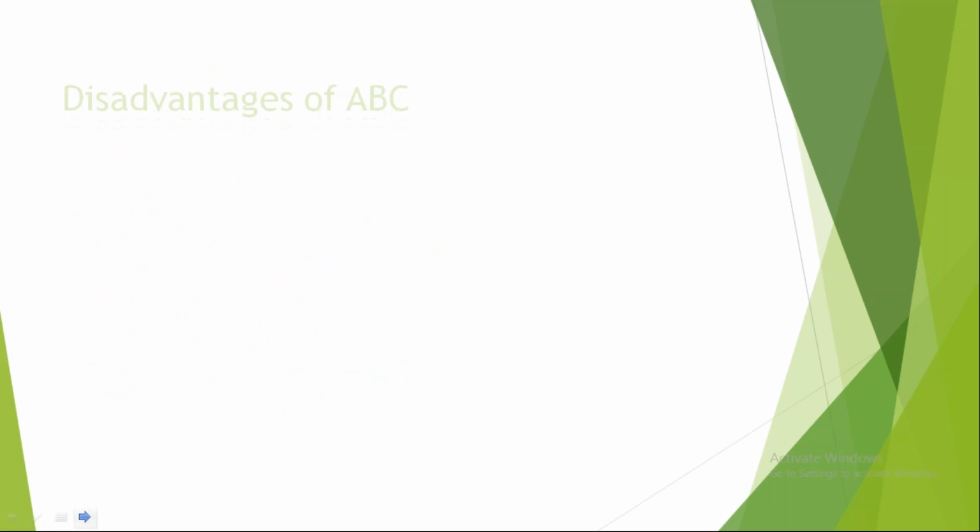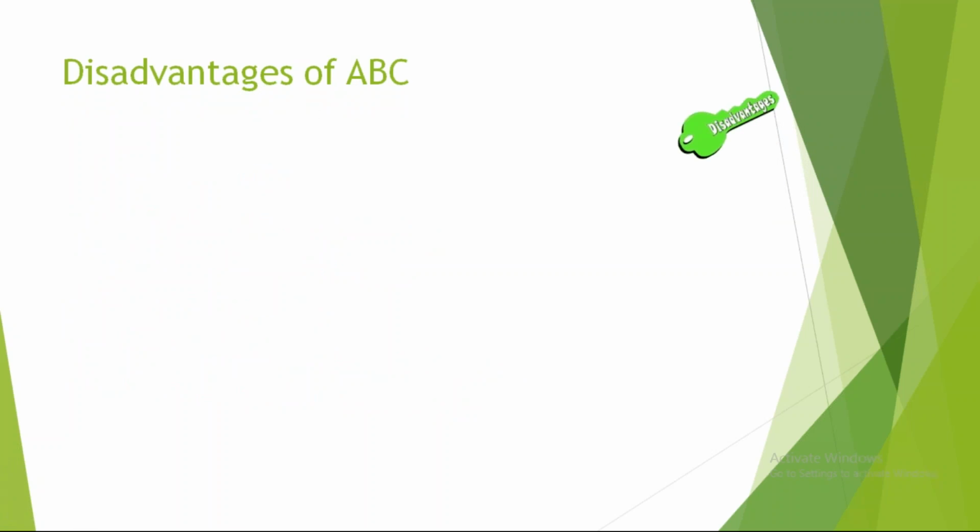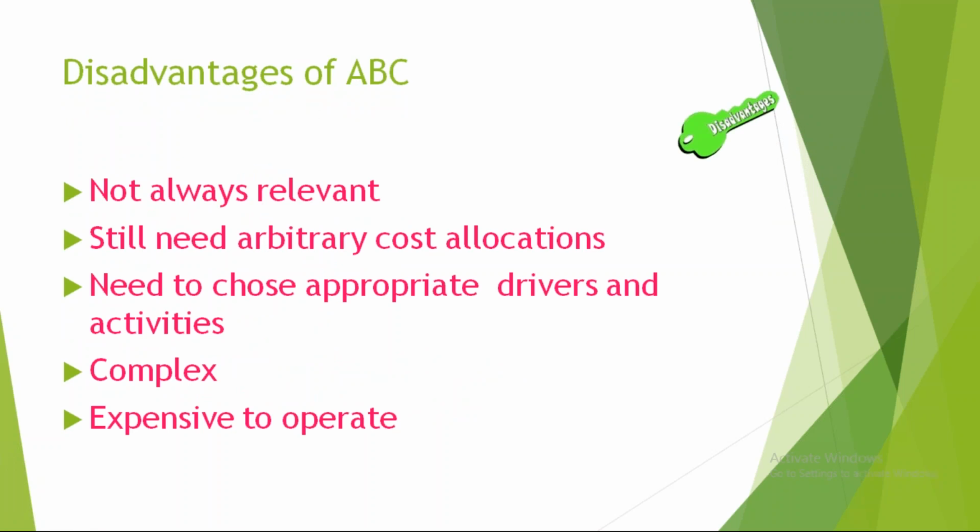Having spoken the advantages, a couple of disadvantages. Not always relevant. As I said, if your overheads are a little 5%, 10% of your total cost, it's not worth going into too much detail to analyze that 5%, 10%, because you are not going to find too much relevancy in that.